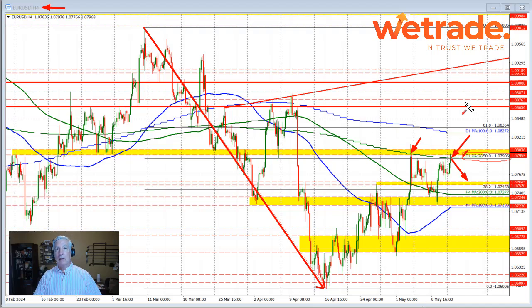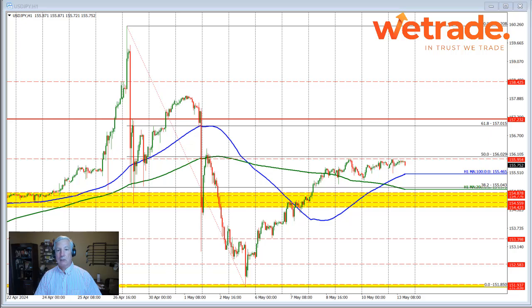And if we get above that level, we'll start to look toward the 100-day moving average. That's a blue line in this chart, and that comes in at 1.08272, followed by the 61.8% retracement of the same move to the downside. So that's how the euro versus US dollar is perceived right now from a technical perspective. Stay above 1.07906. Let's take a look at the dollar versus yen.